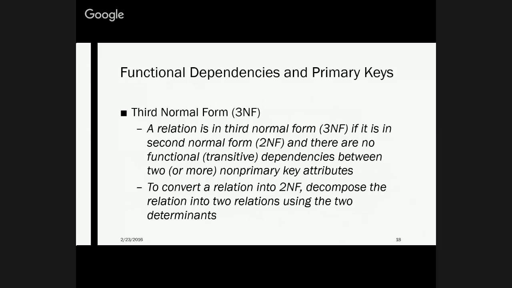If you do have a transitive dependency, again, you just break those two apart into two new tables. And I think why our database book kind of skipped the details of second and third is if you go with the definition that every determinant is a candidate key, you just sort of skip a lot of this wordiness and it naturally meets both. You kind of jump straight to the end.